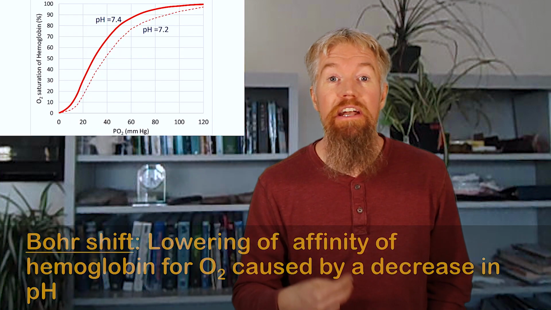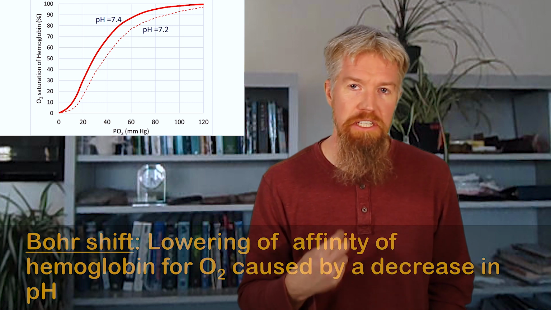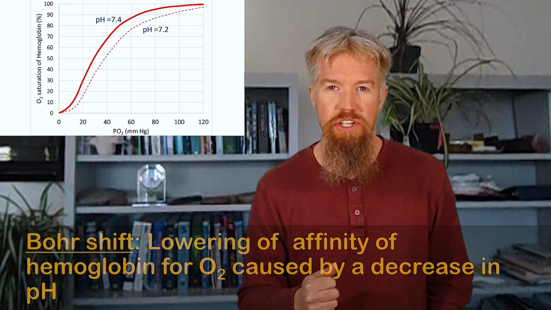Another aspect of hemoglobin is that it does not maintain that dissociation curve under all conditions. Very importantly, there is what we refer to as the Bohr shift, or a lowering of the affinity of the hemoglobin for oxygen caused by a decrease in pH. So why is the blood going to decrease in pH?